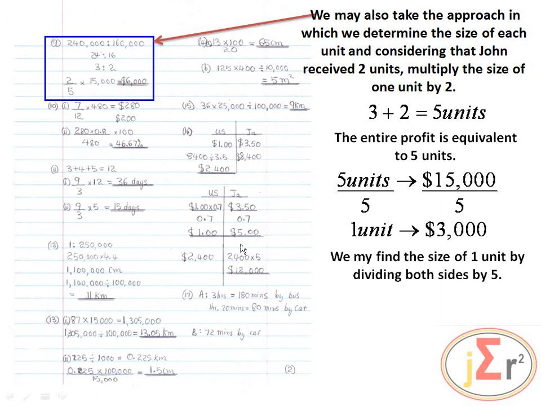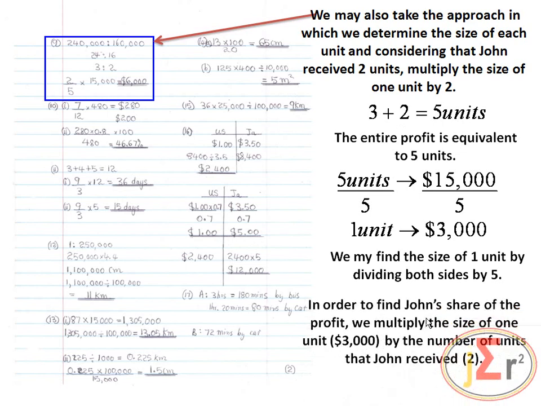And we need to determine John's share. How many parts of the whole did John get? John got 2 parts. So in order to find John's share of the profit, we multiply the size of 1 unit, which is $3,000, by the number of units that John received. John received 2 parts out of 5.